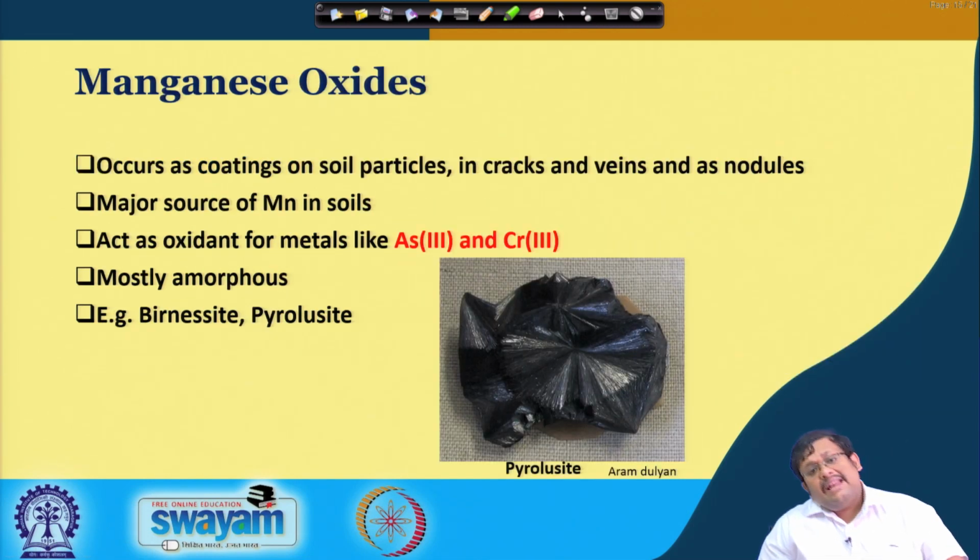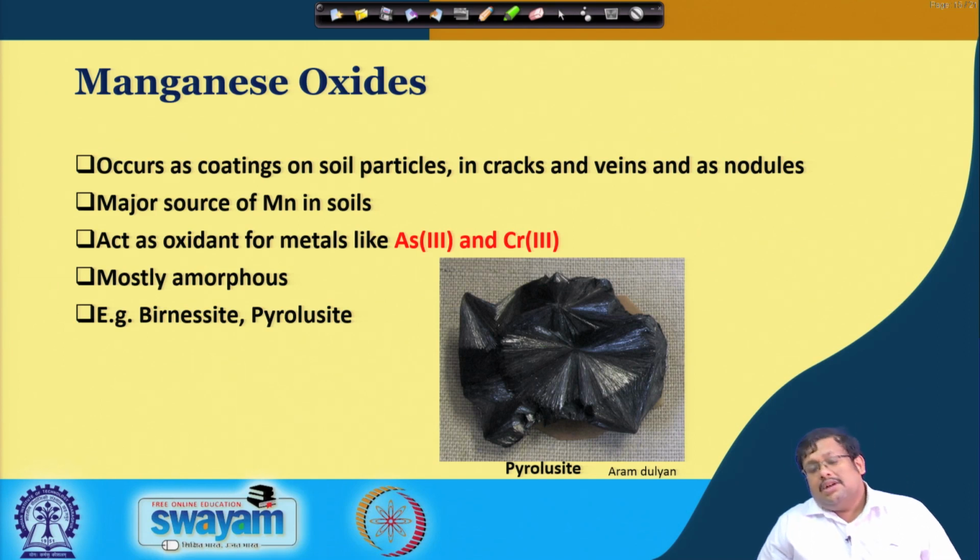So, another important oxide is manganese oxides. Now, the manganese oxides basically occur as coatings on soil particles, in cracks and veins, as well as nodules. They are one of the major sources of manganese in the soil.